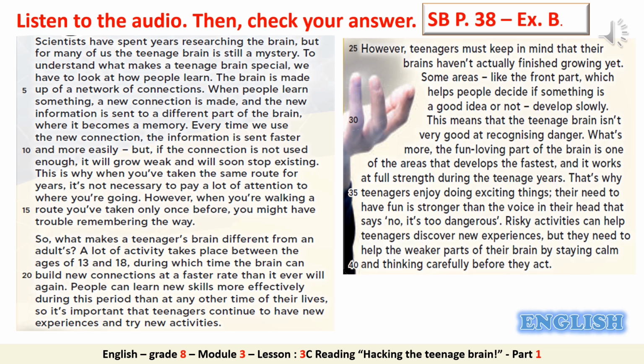That's why teenagers enjoy doing exciting things. Their need to have fun is stronger than the voice in their head that says, "No, it's too dangerous." Risky activities can help teenagers discover new experiences, but they need to help the weaker parts of their brain by staying calm and thinking carefully before they act.